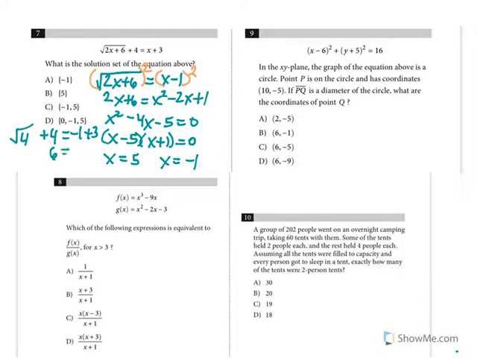We end up with 6 equals 2. That is not a true statement. If we substitute 5 in for x, we end up with square root of 16 plus 4 equals 5 plus 3, which gives us 8 equals 8. So our solution there is only 5.